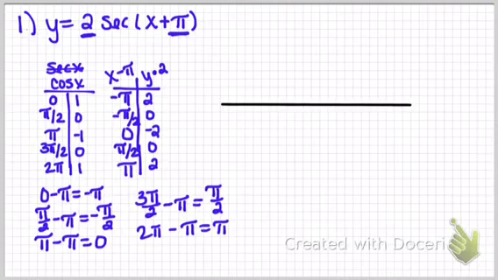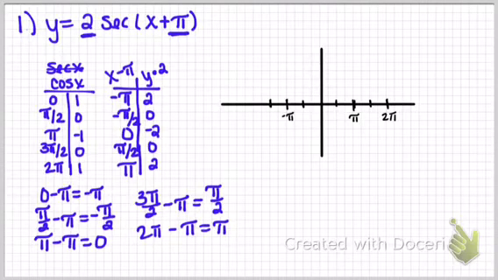Alright, so we're going to graph this. They've already got our scale for us here. I've got to draw mine in. Oops, yours only goes up to 2, doesn't it? So I'll just go up to 2. No, I lied.